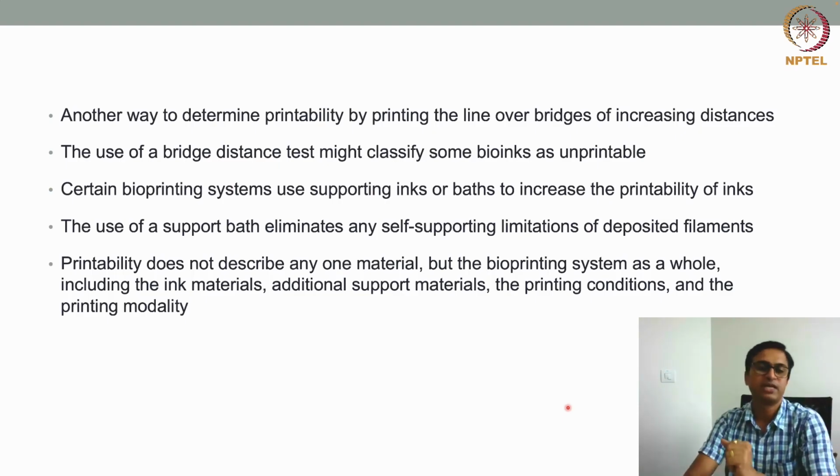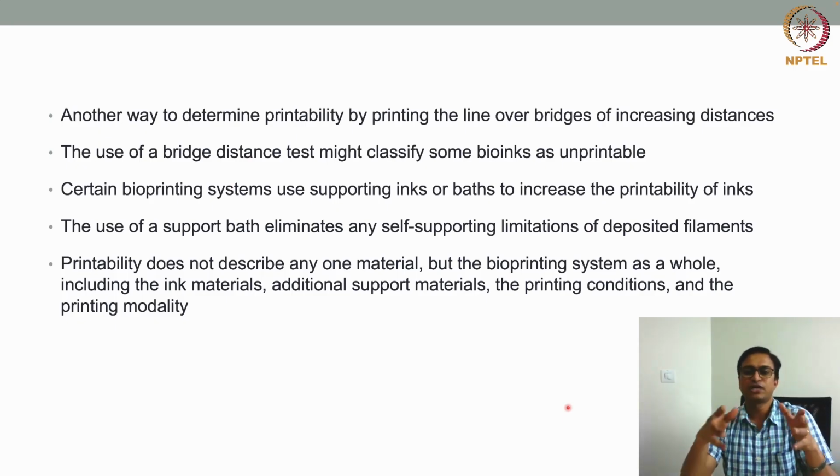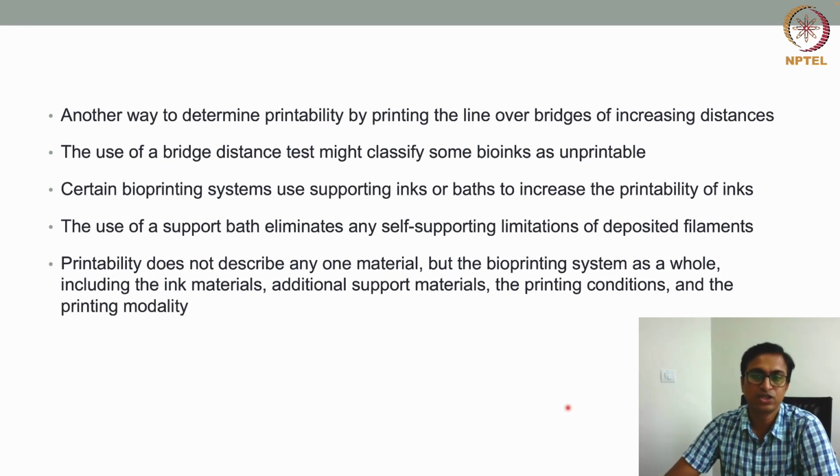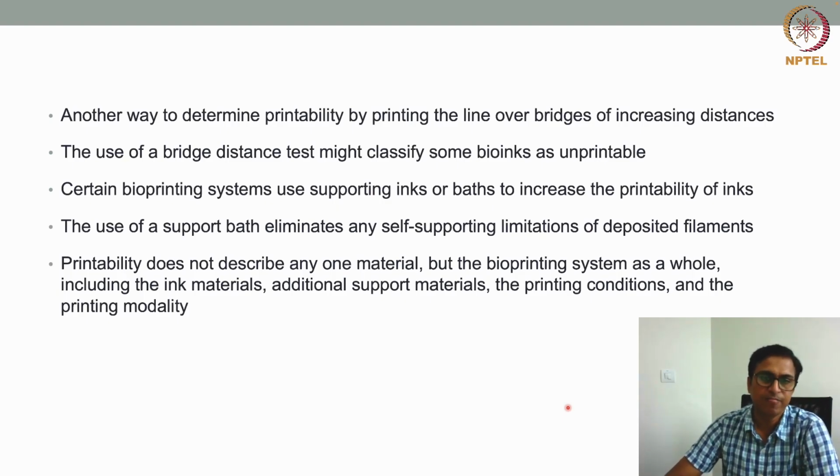That means we cannot use that ink for long bridges. When the structure has long gaps or long pores, that ink cannot fulfill that requirement. So this is another way to determine the printability.